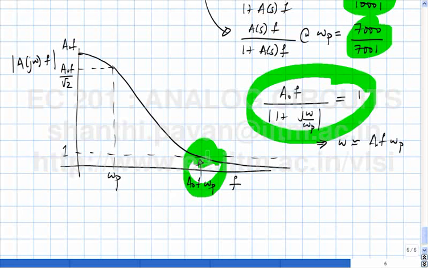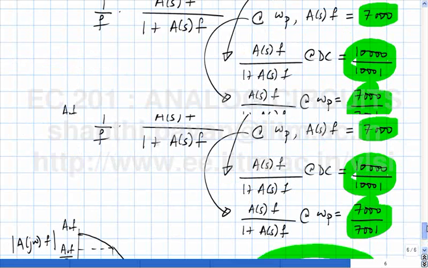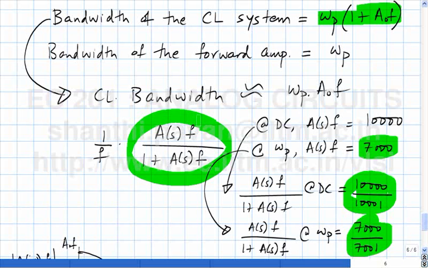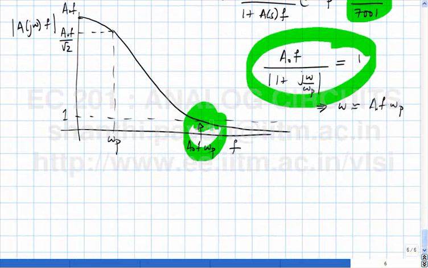It is at this frequency where the closed loop gain, this factor here, will deviate significantly from 1. As long as A times F is much larger than 1, whether it is 10 or 100 or 1000, the closed loop system gain will still remain close to being 1 over F. The only time it will deviate significantly from 1 over F is when this AF becomes comparable to unity, and that happens at around A naught F times omega p.